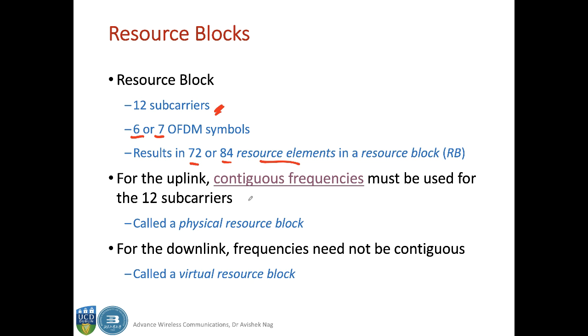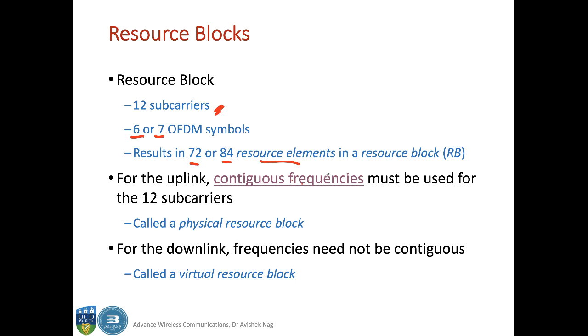So for the uplink case, you have contiguous frequencies that must be used for the 12 subcarriers. Okay, this is called a physical resource block. For the downlink, the frequencies need not be contiguous, because for downlink you are using single carrier FDMA.